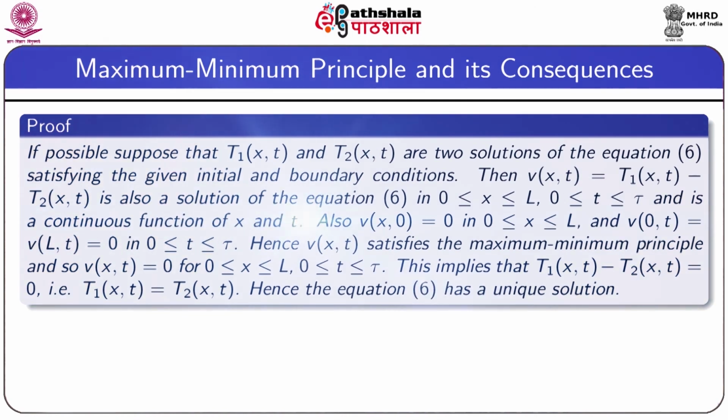Therefore, the maximum and the minimum value of V in the whole region capital R is equal to 0. So this implies that T1 minus T2 is equal to 0 in the region capital R, or in other words T1 is equal to T2 in the region capital R. So, it says that the solution is unique.